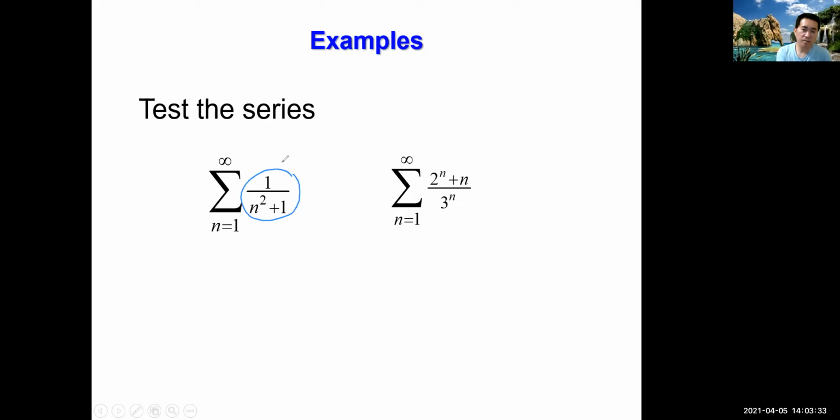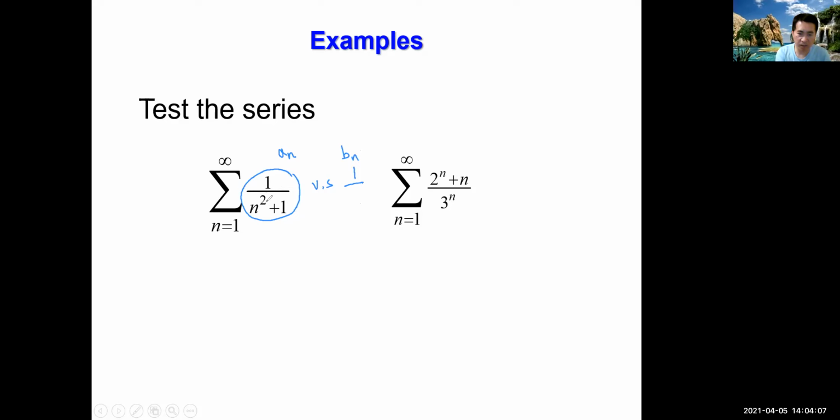So in this case, let me call this a sub n, and to come up with the series to compare with, I call b sub n. Now look at the numerator, it's only one term, so I have no choice, it's got to be 1. The denominator has 2 terms because n squared is much bigger than 1.